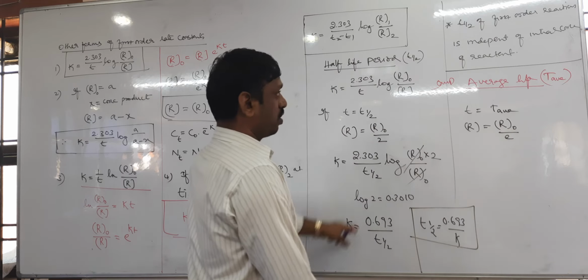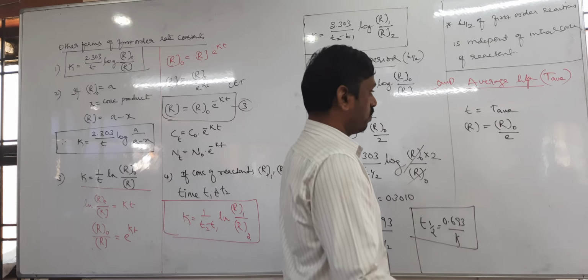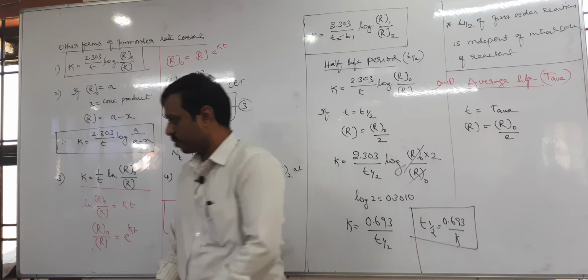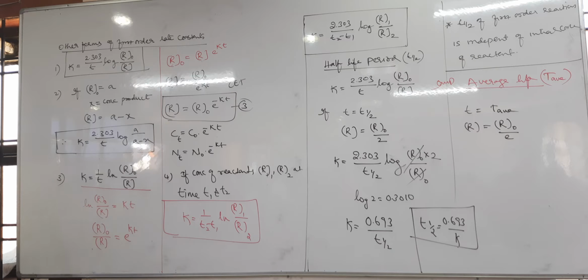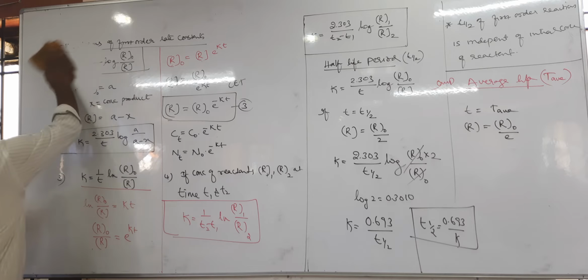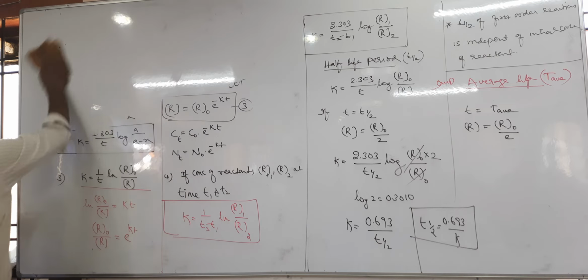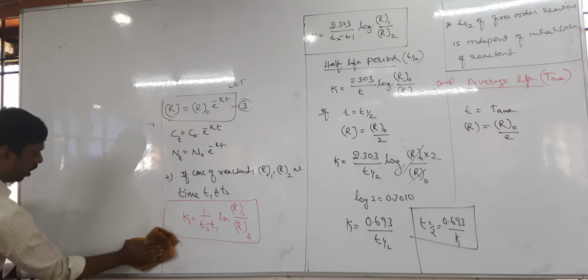Now we want the relation between K and T average. Write down: the time in which the concentration of reactant reduces to 1 by E of its original concentration is called average time.